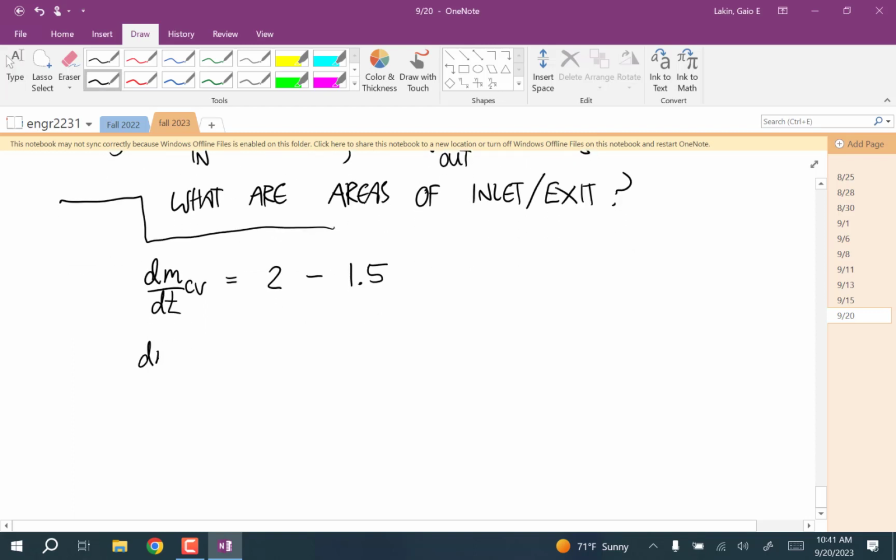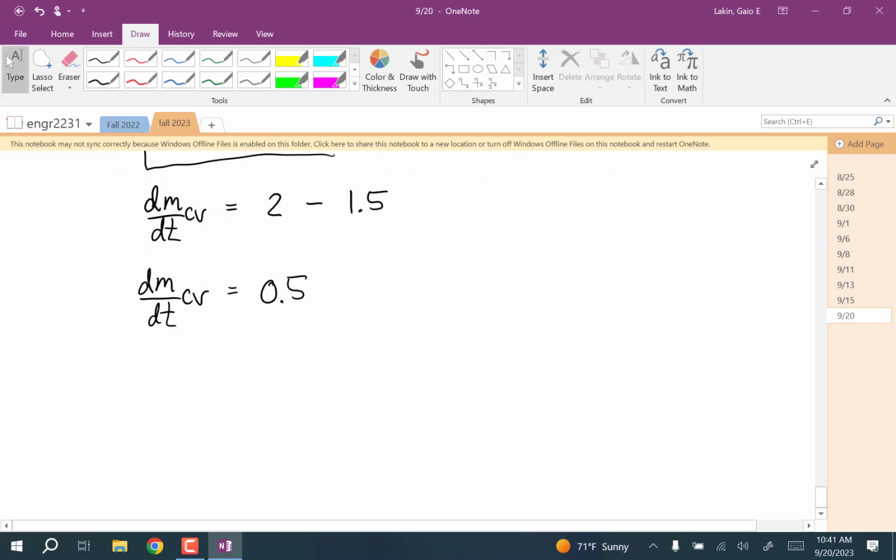So we have dm/dt is equal to 0.5. And now we can integrate both sides. I'm going to think of it this way. dm for the control volume is equal to 0.5 dt. And then I'm going to integrate both of these.